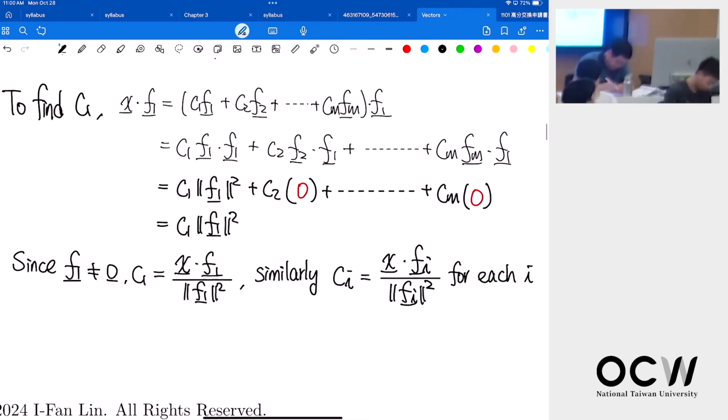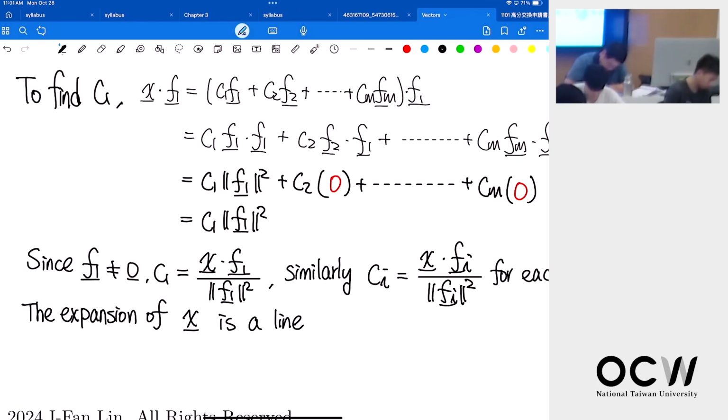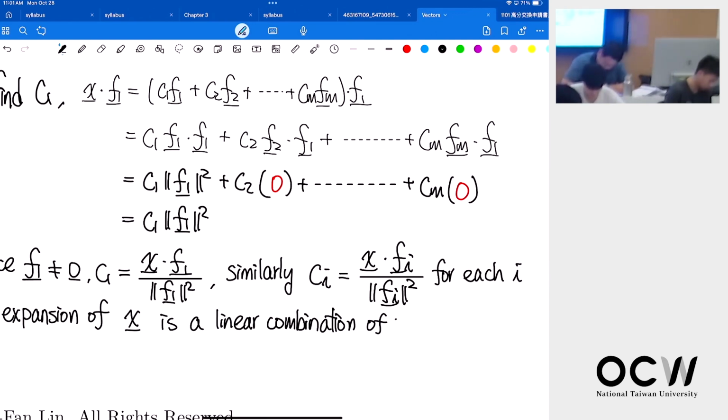And you can see the expansion of x is a linear combination of the orthogonal bases.